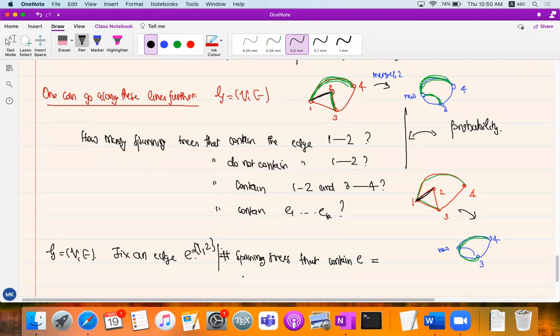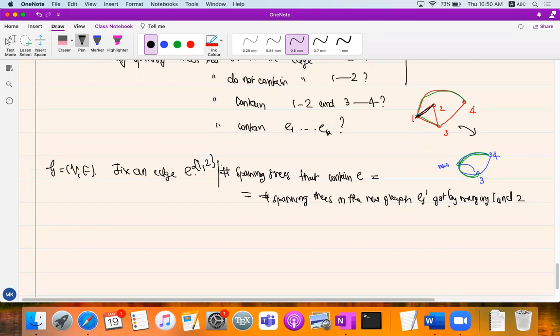So it is exactly equal to the number of spanning trees in the new graph G dash, got by merging 1 and 2. Whichever the two endpoints of the edge, you merge them. Except that this is a possibly multiple edge graph.